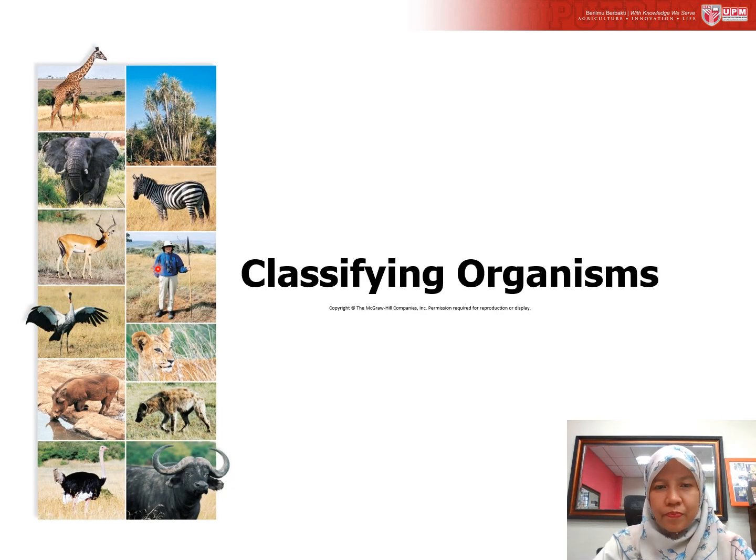Alright, students. Now we learn a little bit about classifying organisms. When you're referring to page 338 in your textbook, you can see under figure 19.1 there are pictures of archaea, bacteria, plant, fungi, invertebrate animal, and vertebrate animal.